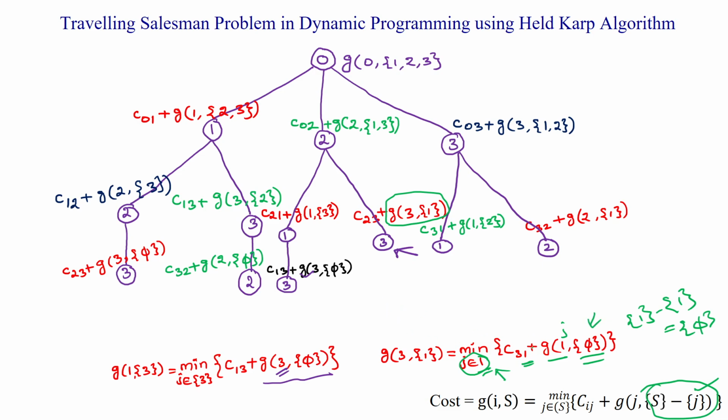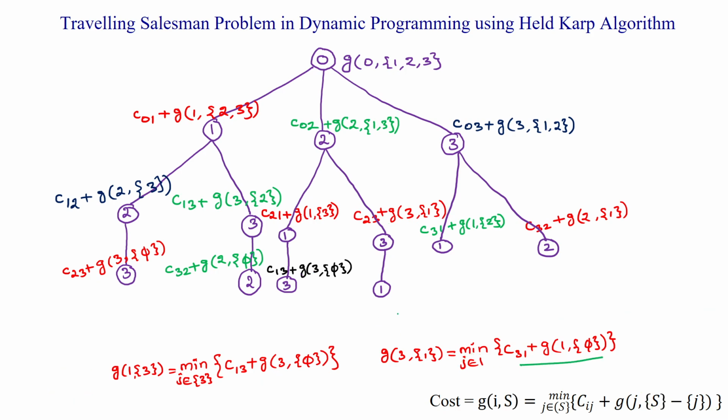So after calculating this, I am going to draw the next level of the node, 1 which is visited. Then I am writing this term here into this node. So that's what c 3 1 plus g of 1 comma empty set. Then next I am going to take this 1, and the node left as per this sub problem is 1 comma 2.